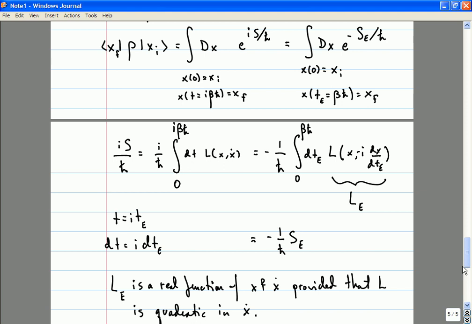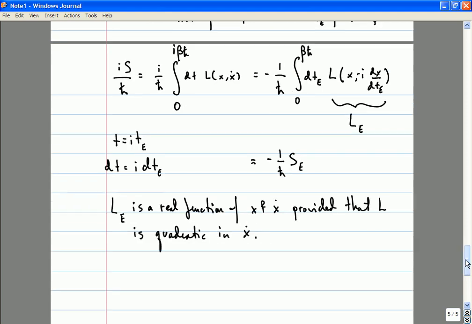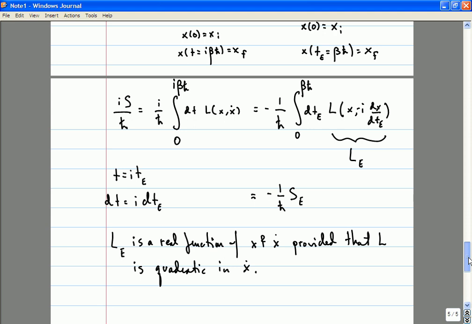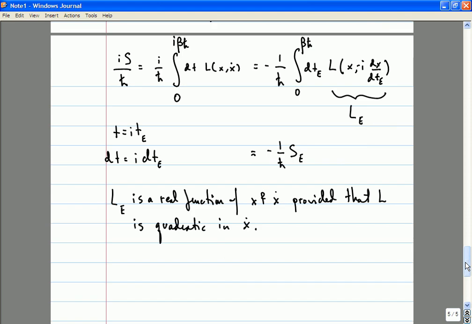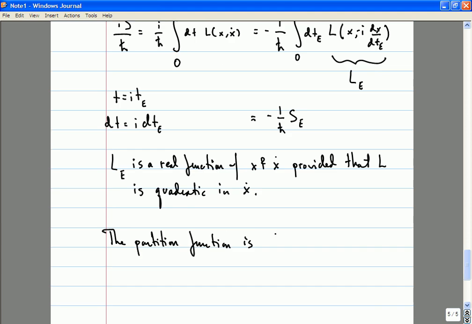So, as we have learned, one of the most important quantities that one needs to calculate in thermodynamics is the partition function. And the partition function is the trace of the quantity that I described above.